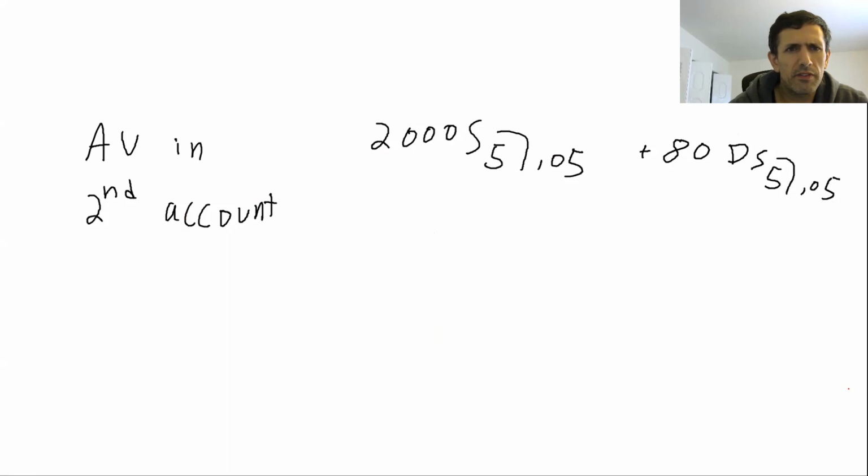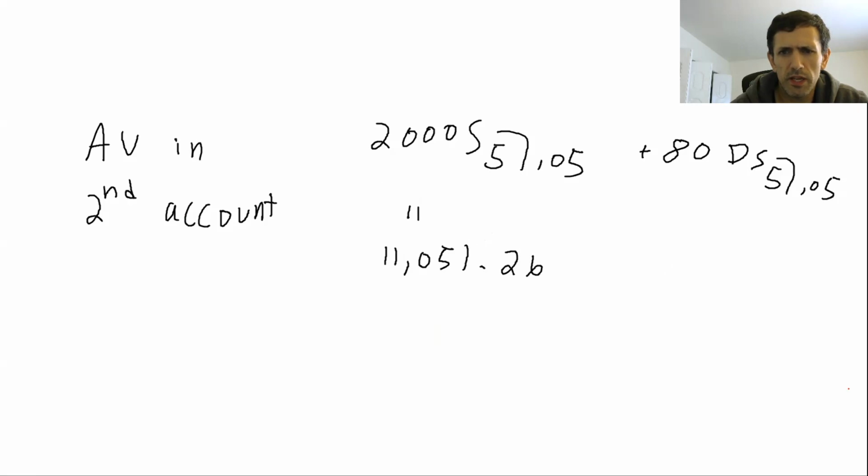So 5N, 5% interest, 2000 payment. Again, it doesn't matter, as I said many times, plus or minus. If you put plus, you'll get a future value of minus. So this is 11,051 and 26 cents.